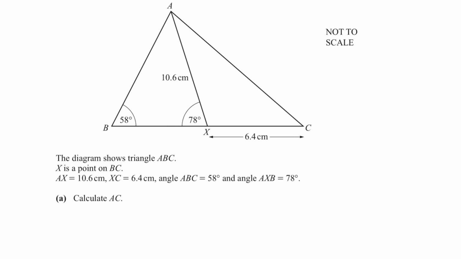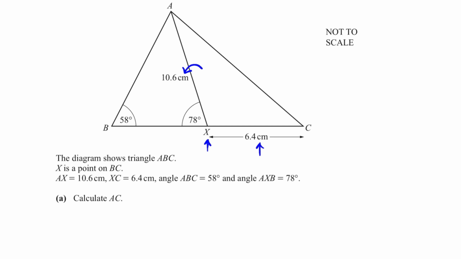This diagram shows triangle ABC. X is a point on BC, as we can see. AX is 10.6, as we can see. XC is 6.4, as we can see.